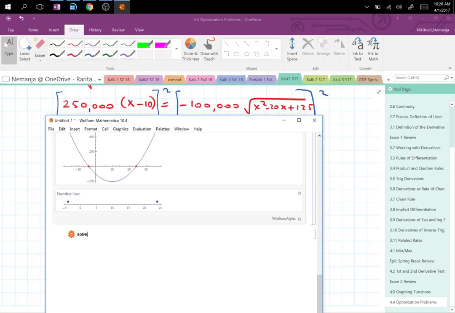Solve. 250,000 times x minus 10 equals negative 100,000 times the square root of x squared minus 20x plus 125, to the 0.5, and then just eat.